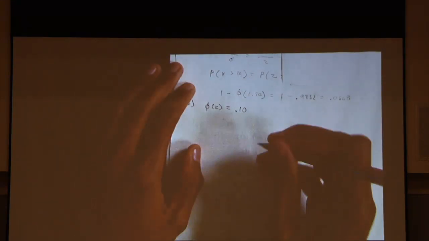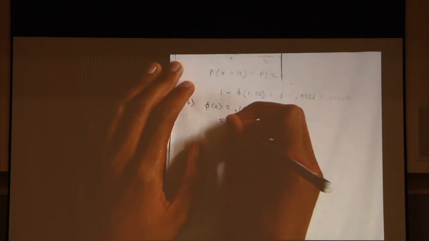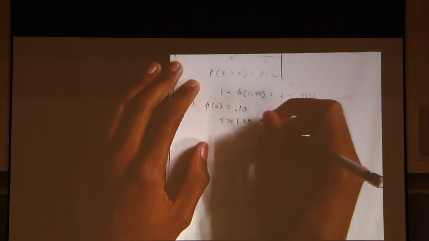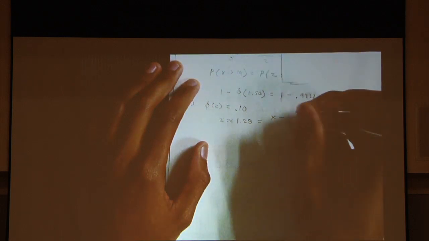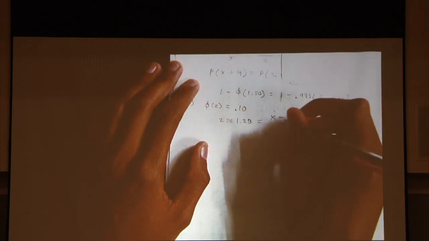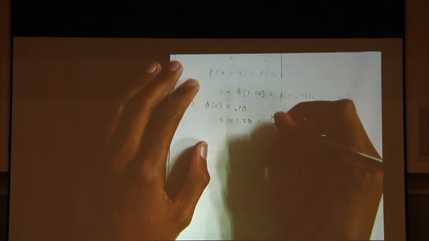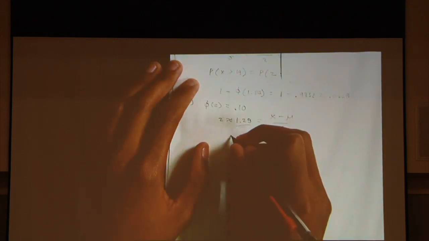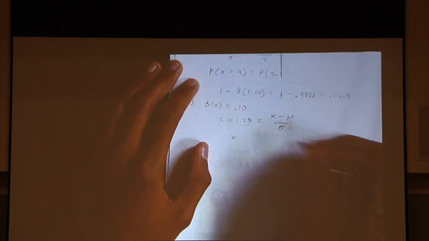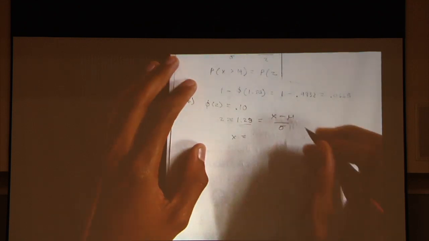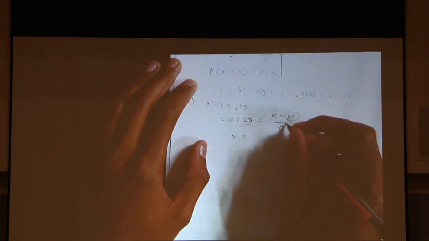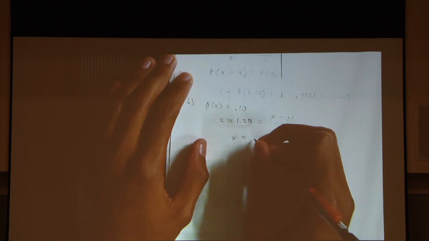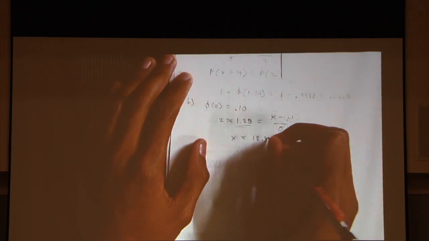So I got my z value to be about negative 1.28, which means that x minus mu over sigma is equal to negative 1.28. So all you have to do is solve for that x. You already know the mean and the standard deviation, so some algebra will get you 13.44.